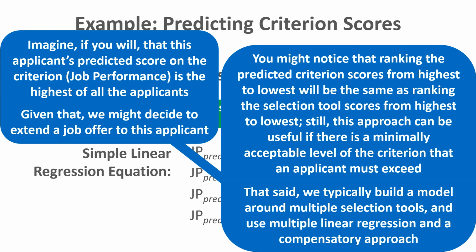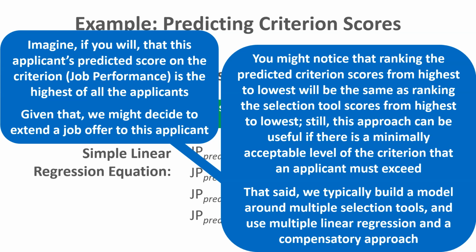If that's the case, a simple linear regression model will no longer be appropriate. Instead, to look at all of those selection tools together and how they predict our criterion of interest, we would use a multiple linear regression model, where in this case, multiple linear regression refers to the fact that we have multiple predictor variables in our model, not just one, and still that single outcome or criterion variable of interest.